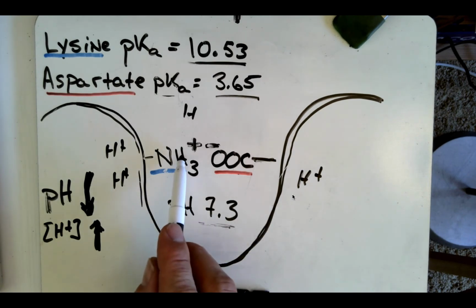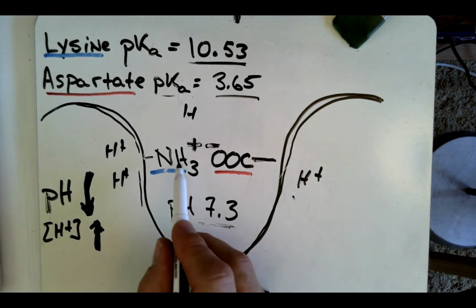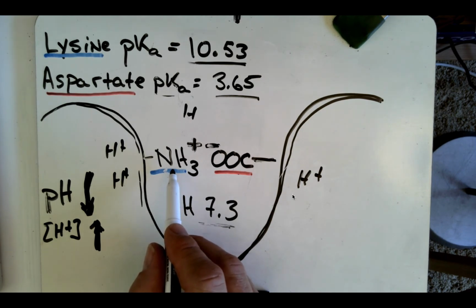Well, our NH3+ is already protonated, so adding more protons, decreasing the pH from 7.3 to 6.3 to 5.3, it's not going to affect the amino group. It's already protonated, cannot get any more protonated. But take a look at this.